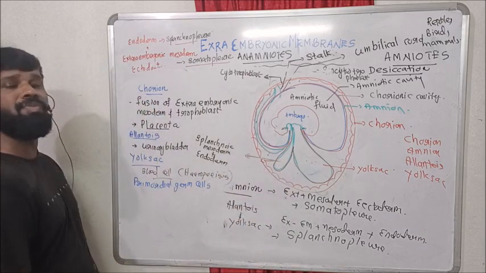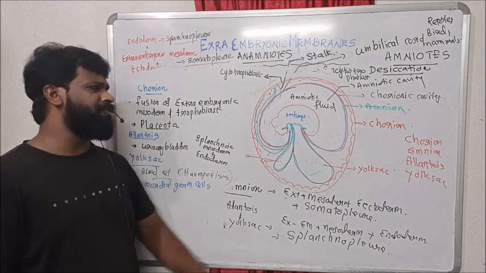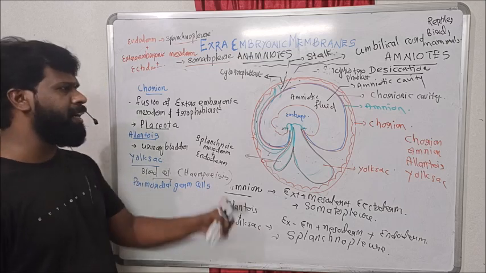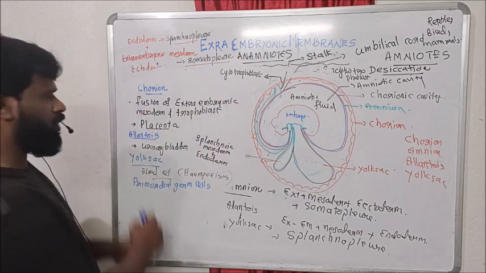Primordial germ cells, the fundamental cells from which spermatogonia and oogonia are formed, are also formed in the yolk sac. The yolk sac also helps in the formation of the umbilical cord.